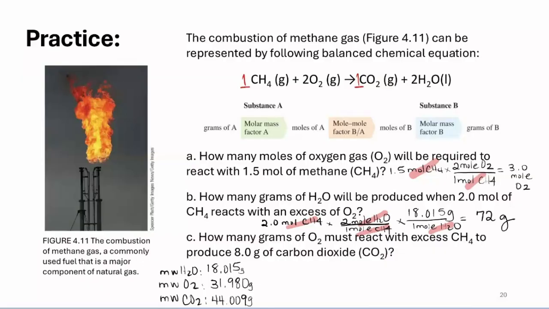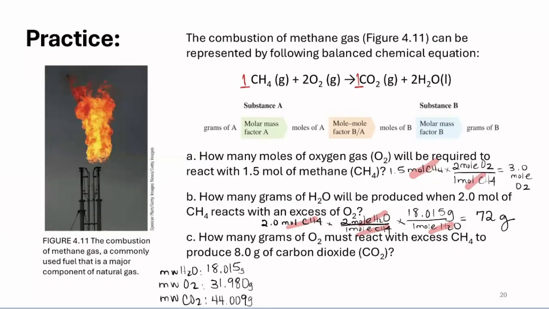Let's look at one more stoichiometry problem. In letter C, it reads, how many grams of O2 must react with excess CH4 to produce 8 grams of carbon dioxide? To solve this problem, we must take into account that we are given grams of a substance, and we need to go all the way to grams of another substance.